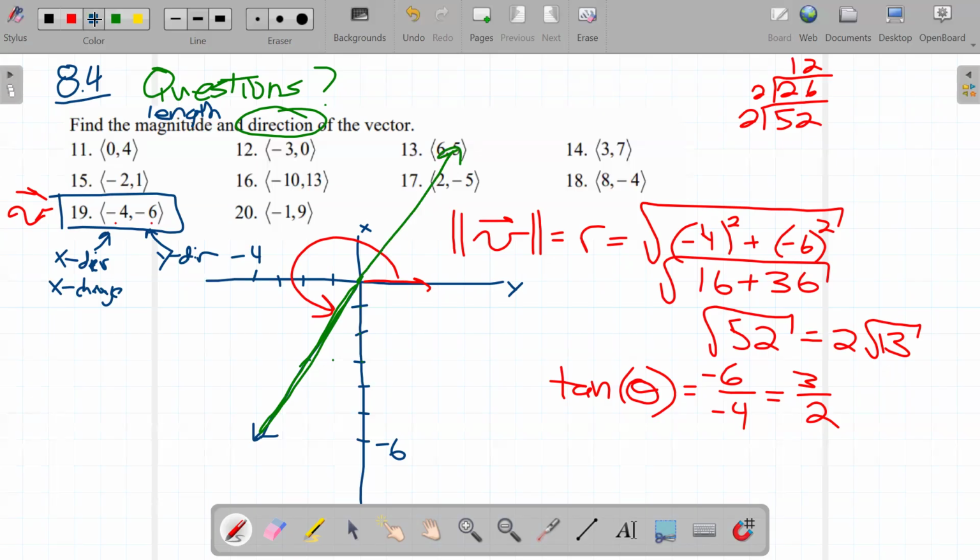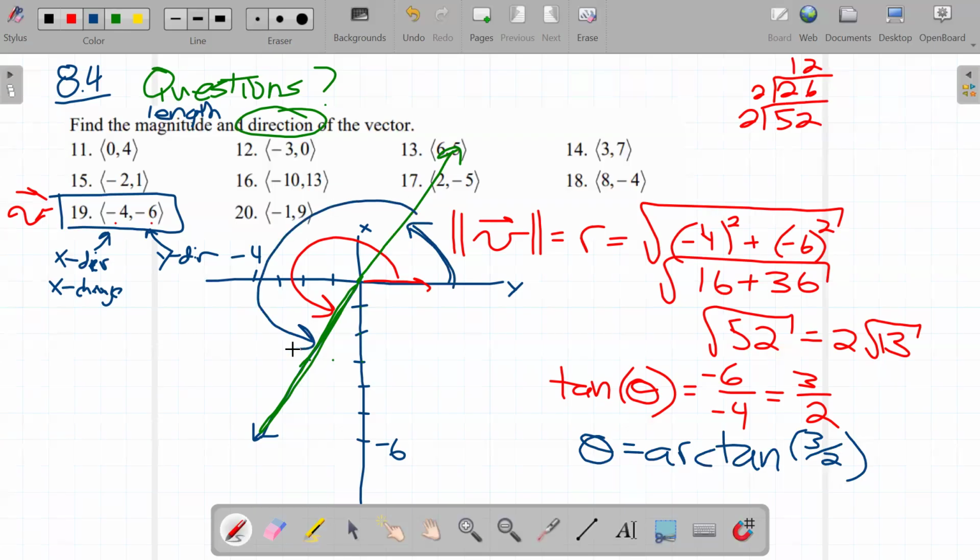The standard angle that the arctangent knows about would be that angle right there, but that's not the angle I want. So what would I do to modify what the arctangent thinks about this? How do I get from here over to there? At 180 degrees, or pi, whichever way we're going with.